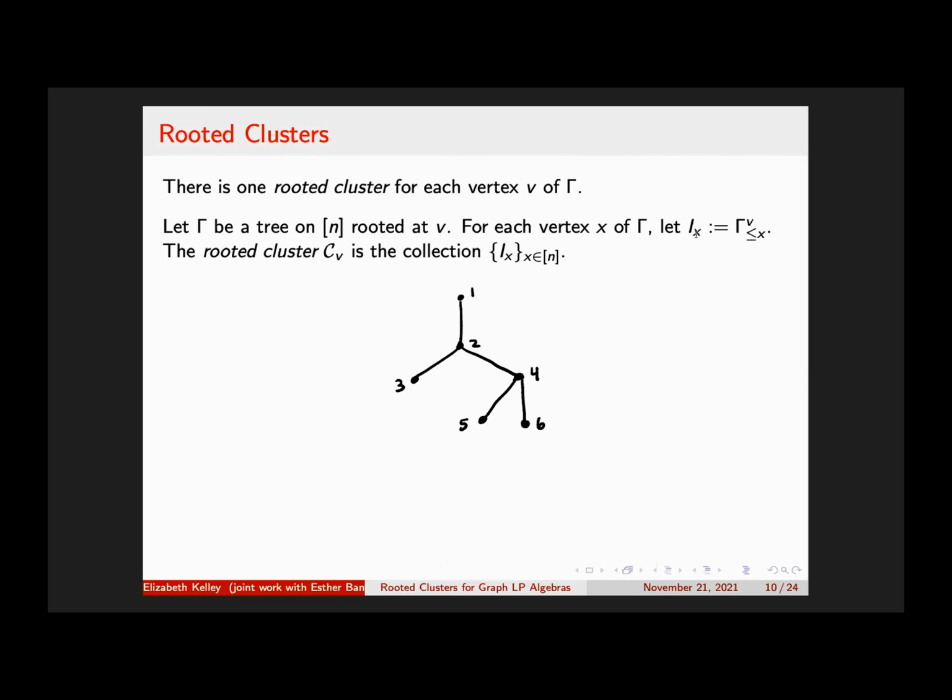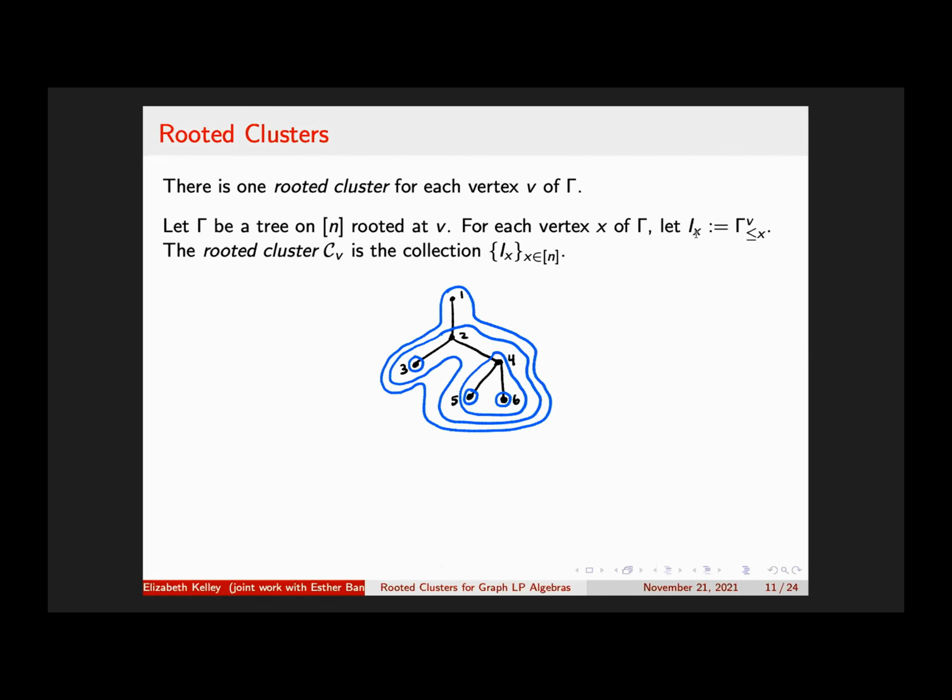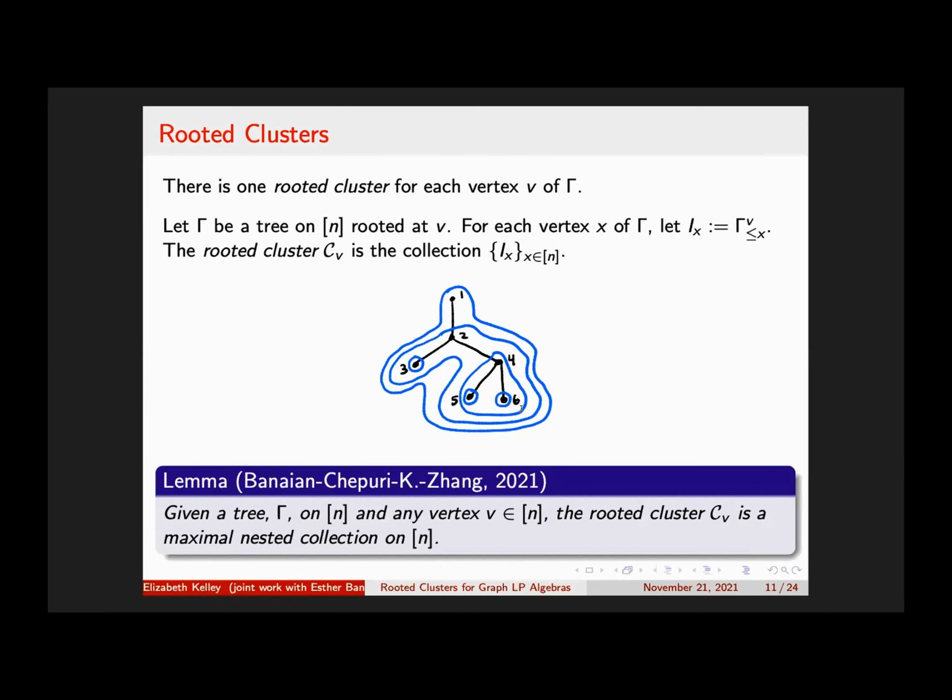So for example, here, if I think about 1 as the root of this tree, then this is the rooted cluster. So you can think about it as at each vertex, I just take the collection of every vertex that is that vertex or below it in the poset. And so one thing that you can quickly check is that these rooted clusters are in fact legitimate clusters in your graph LP algebra because they give you maximal nested collections of subsets.